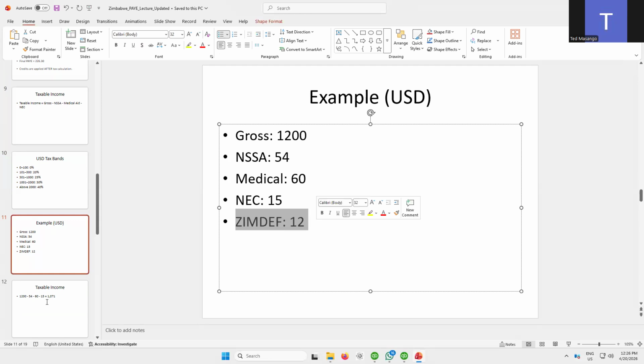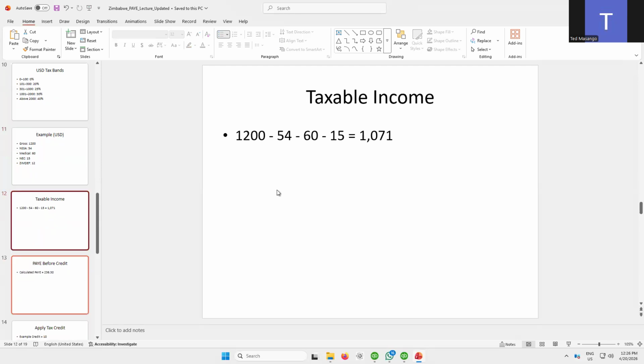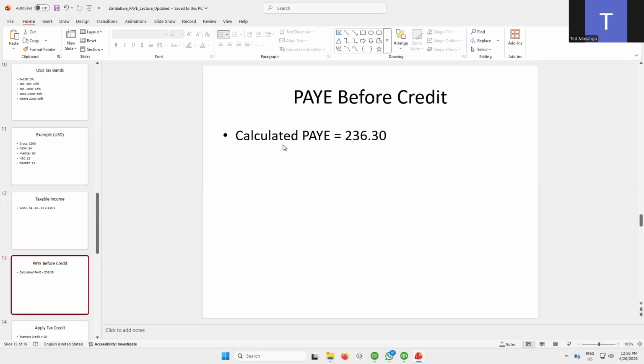So if we were to calculate your taxable income, it was going to be 1,200 minus 54 minus 60 minus 15 for us to get 1,071.